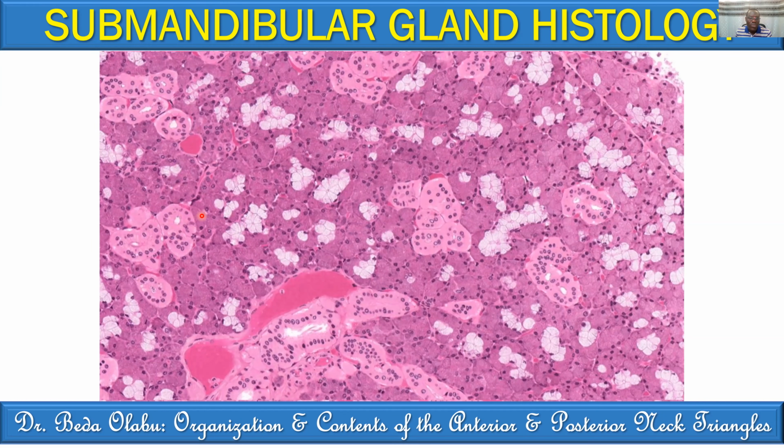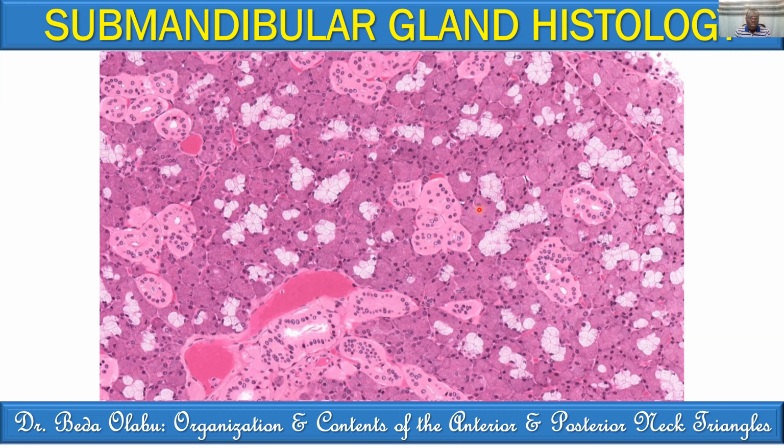But in addition to that, we're also seeing the acini. And at this magnification, we're able to see two different types of acini. The acini which are deeply staining are serous, and the acini which are lightly staining are the mucus acini.